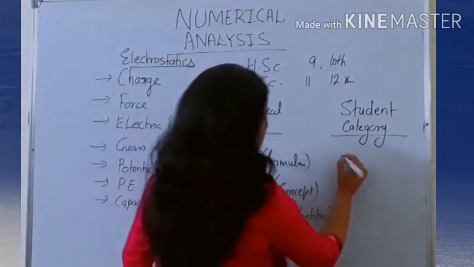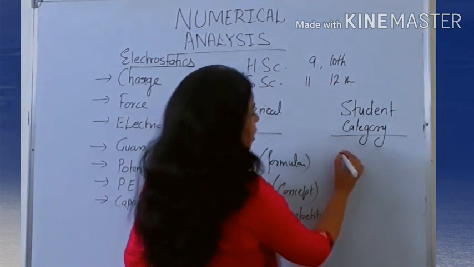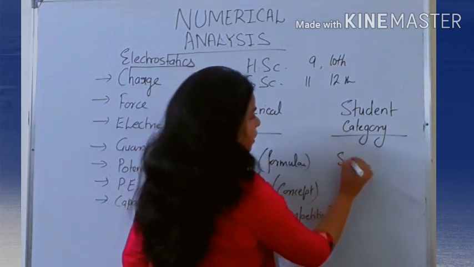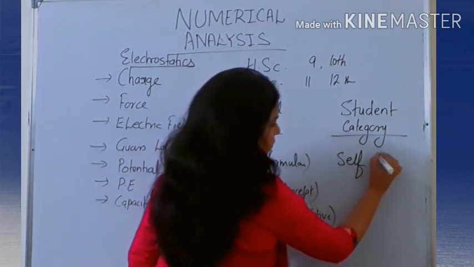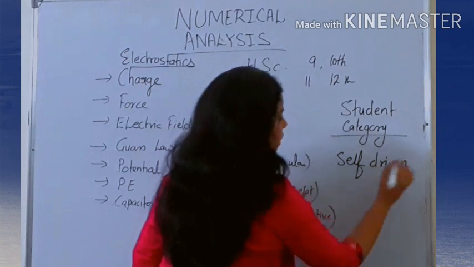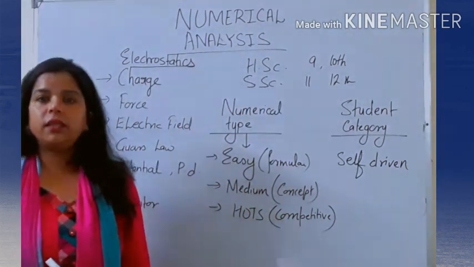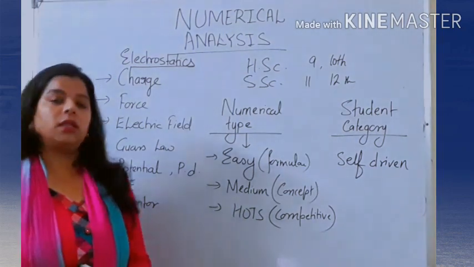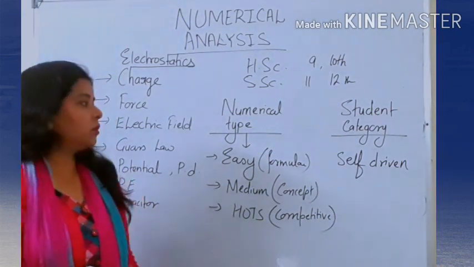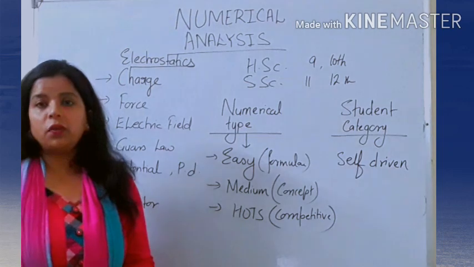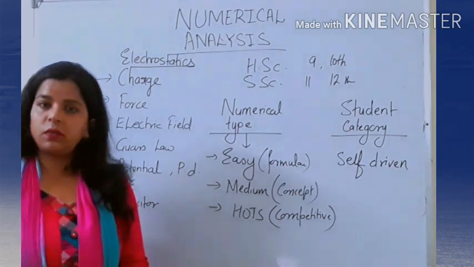The first is the target-oriented category, the self-driven students. These are students who have set their target and are capable of achieving it. First of all, there is no alternative to hard work.